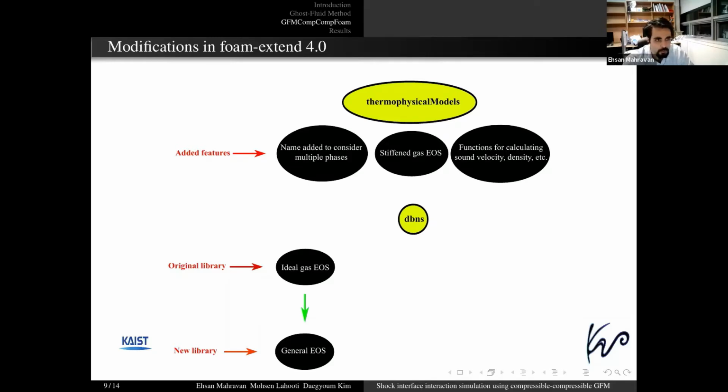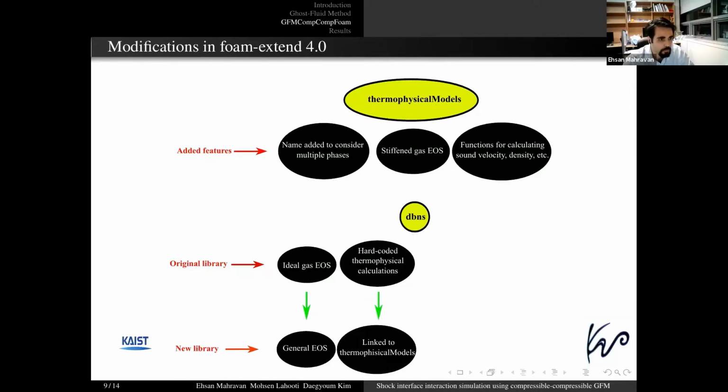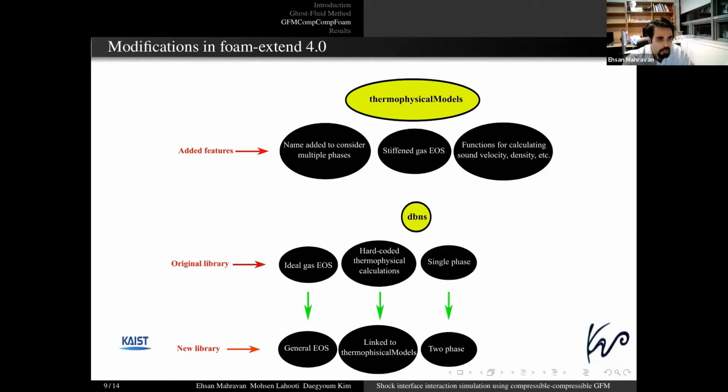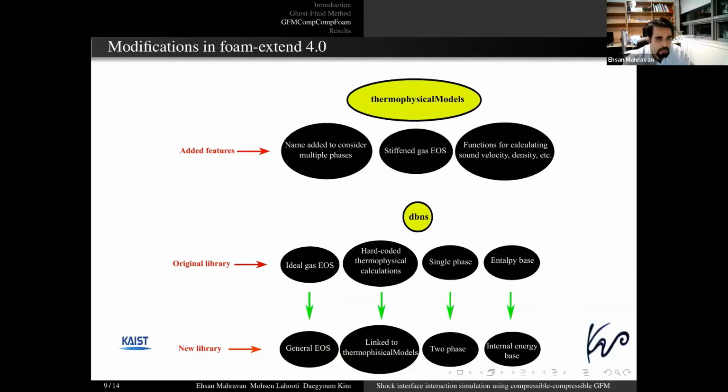I've changed it to work with a general EOS, and all of the equations were hard-coded, so I linked them to the thermophysical models library, and it was single phase. Now it works with multiple phases, and it was enthalpy based, and I've changed it to internal energy based, and of course I added some libraries for the ghost fluid method itself.